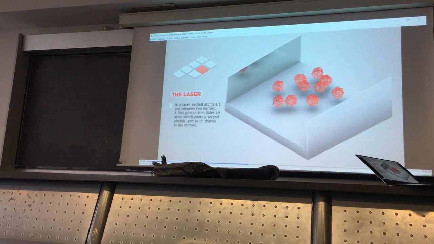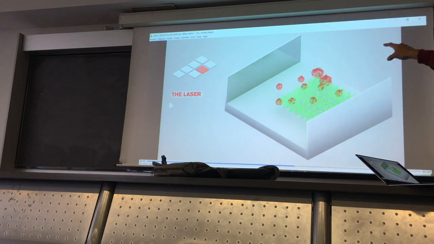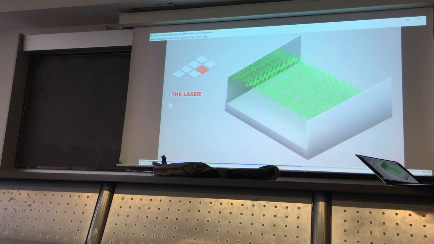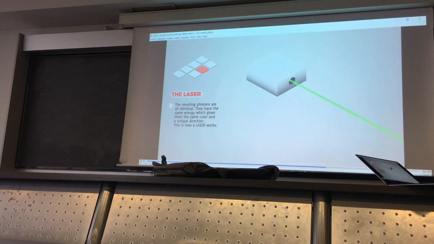When you have many of them, you need to have the synchronization. You see that they are perfectly synchronized since the phase is the same in all the positions.